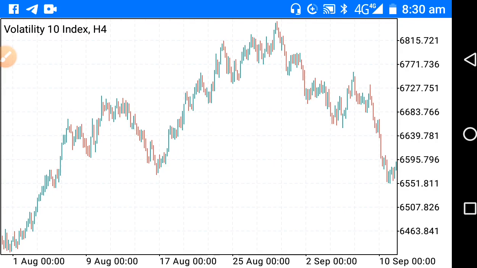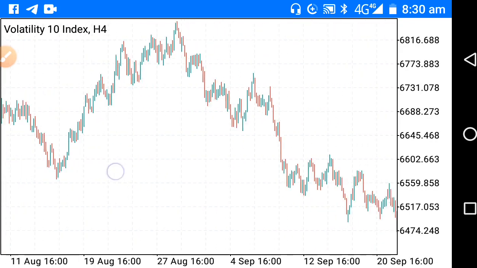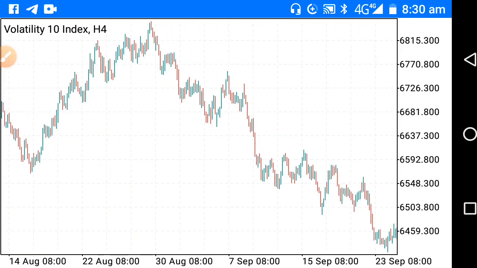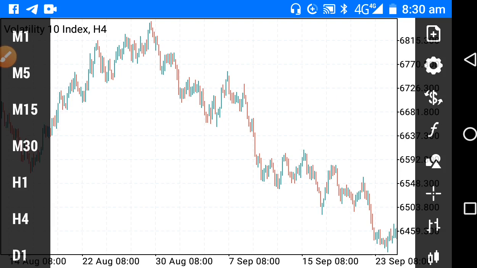So this is the point where market reversed here. As you can see, it is clear. So the top of this place, this is what we call the peaks.